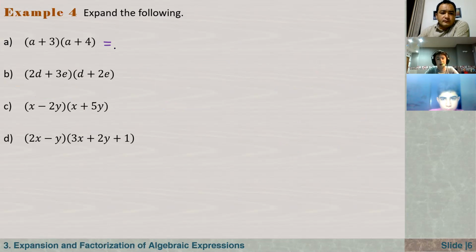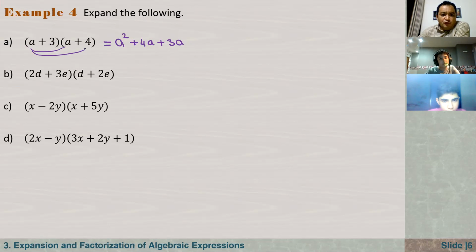A squared plus 4a, multiplied by plus 3. So a times a squared, wait, a times a, a squared.